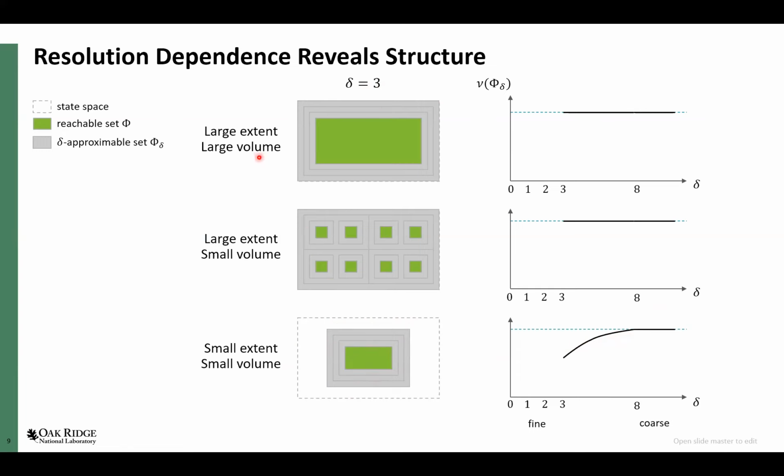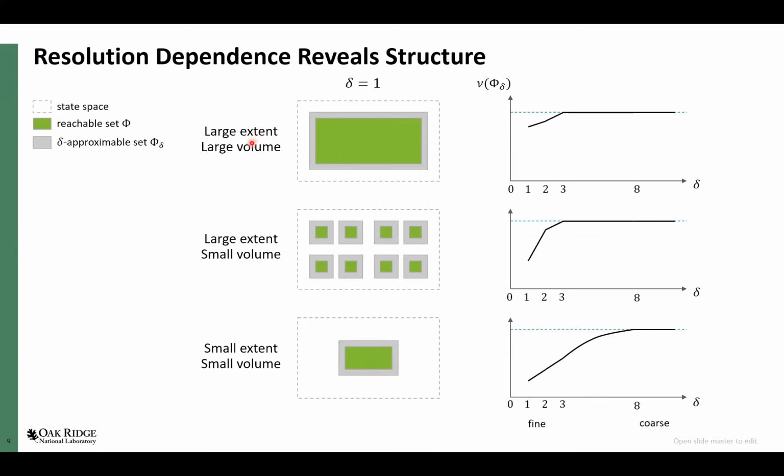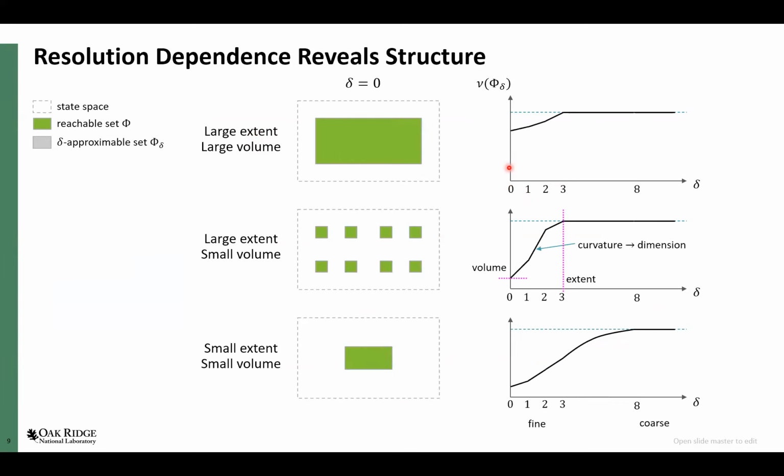Whereas for the ones that have large extent, if you look at all the states that are within a distance of 3, that still covers the whole state space. And as we continue to decrease our resolution parameter, now even the ones with large extent start to not fill the whole state space.